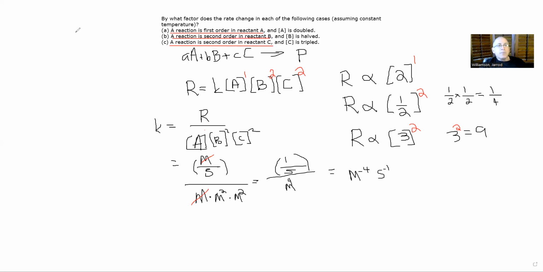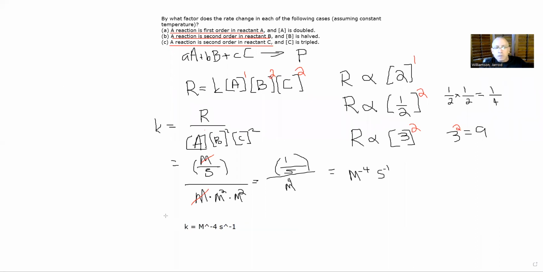And if I were to type it, k has units of molarity to the -4 seconds to the -1.